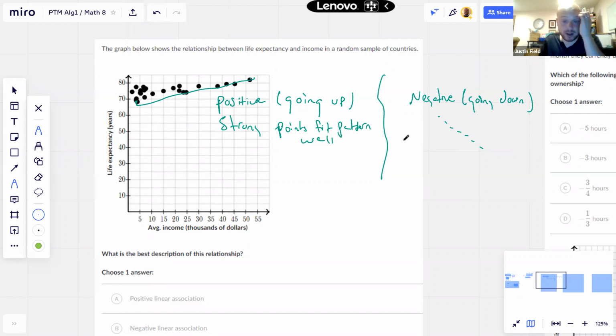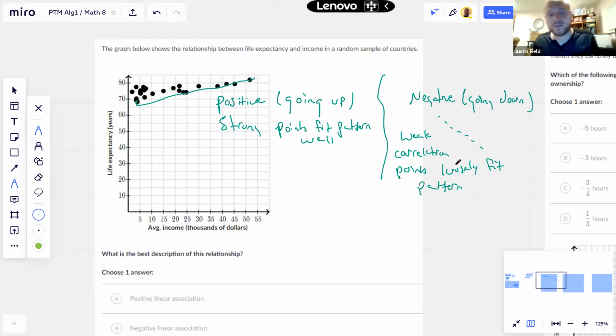And we could have a weak correlation, which means points loosely fit the pattern. So not all data is as strong as this, kind of close together.